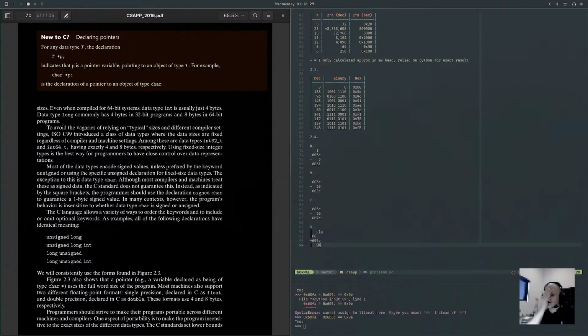Using fixed size integer types is the best way for programs to have close control over data representations. Most of the data types encode signed values unless prefixed by the word unsigned or using a specific unsigned declaration for fixed size data types.